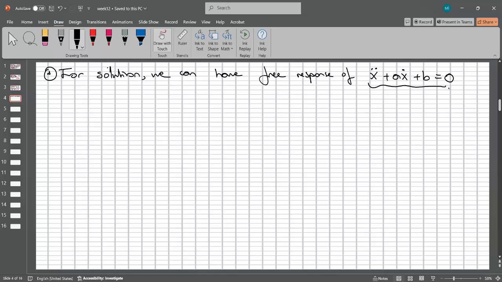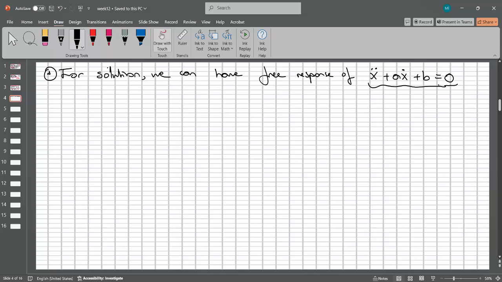Why is it equal to 0? Mehmet, y should be equal to 0.